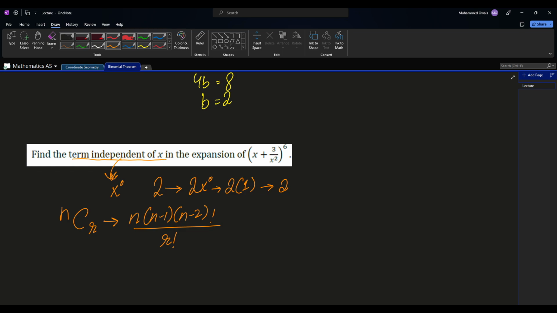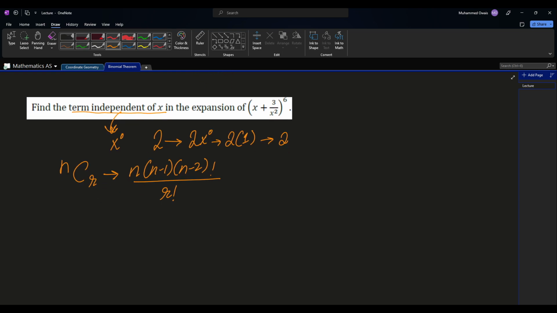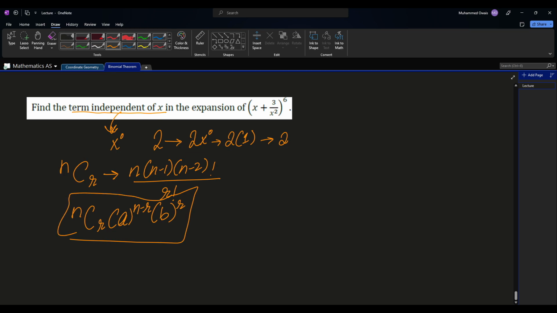Alright, so this was like our nCr. Now then, what can we do to directly find the term independent of x? Firstly, in a common binomial, we have a term like this, nCr into a^(n−r) into b^r, right? So then all we have to do is replace these with the values we have.